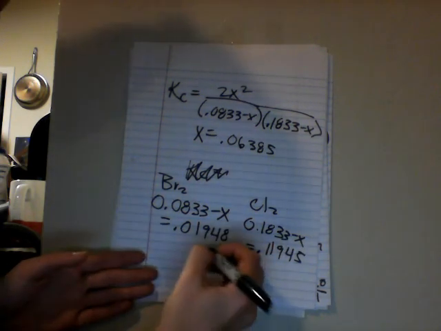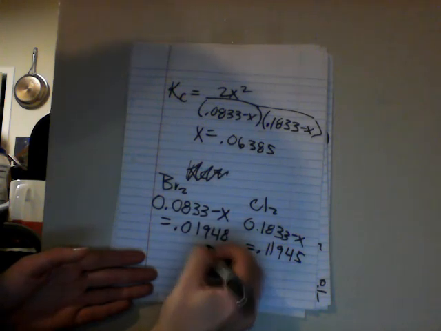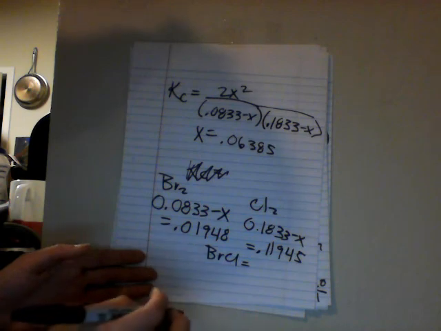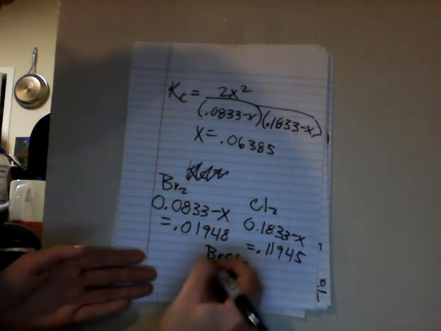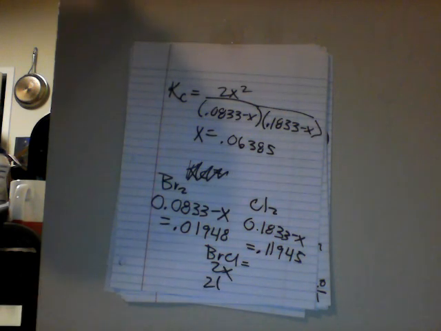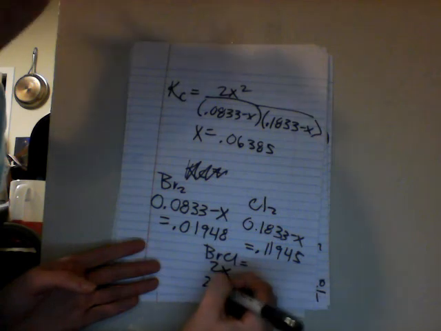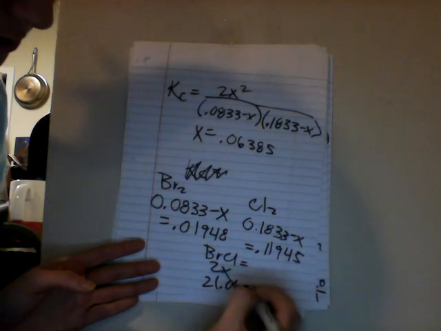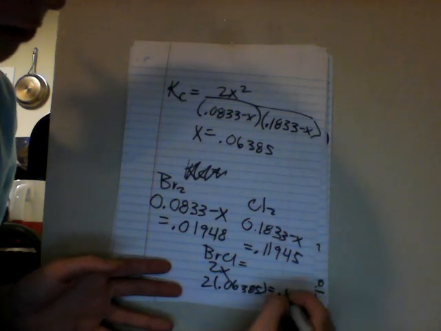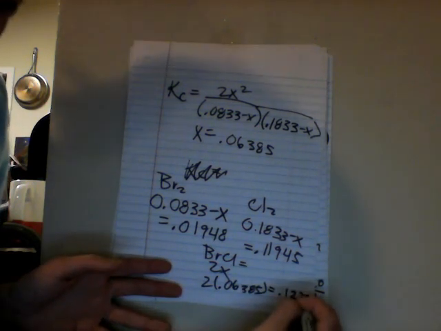Then we do the exact same thing for BrCl. BrCl will be just that 2x, right? So we just say 2 times that x value, and that's going to give me 0.1277. Okay?